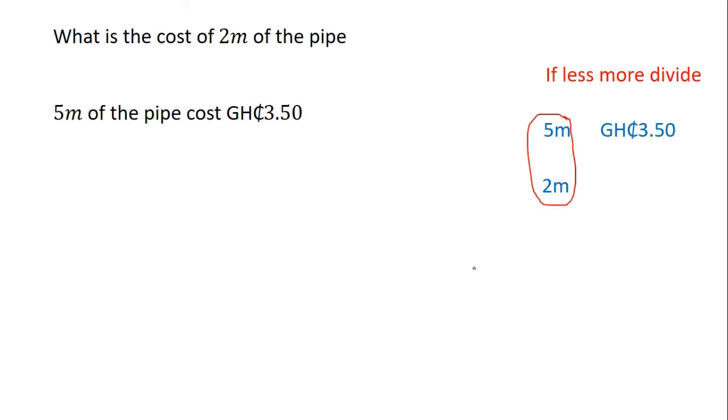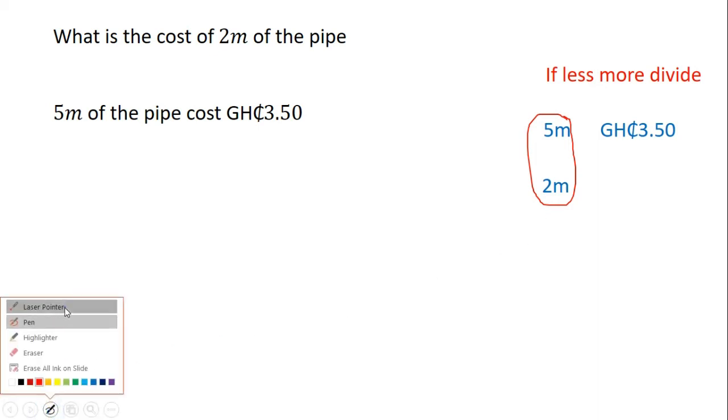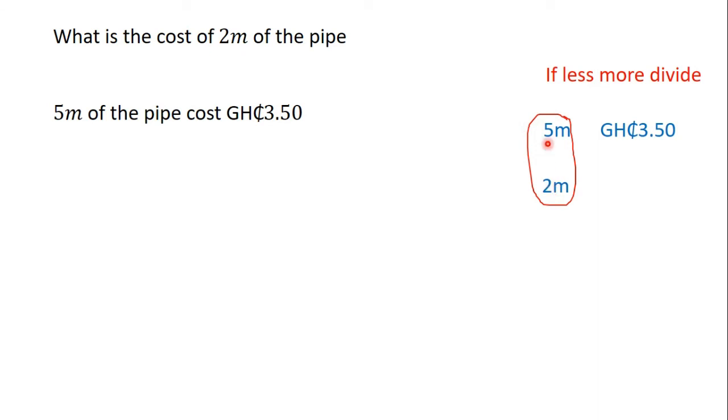That means the bigger one will be the denominator and the smaller one will be the numerator. So you have 2 meters divided by 5 meters, since 5 meters is bigger than 2 meters. After that, we will multiply it by the cost. So we have 2 meters divided by 5 meters times 3 Ghana cedis, 50 pesos.